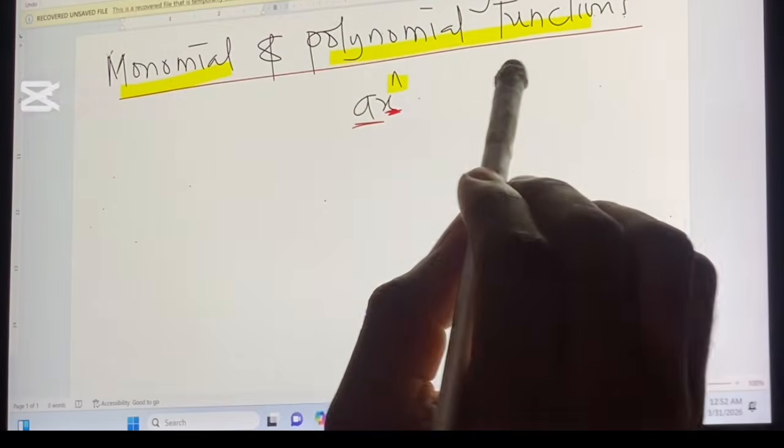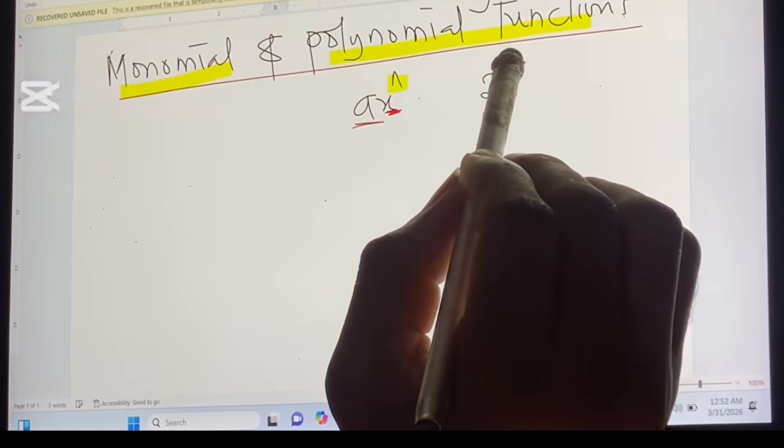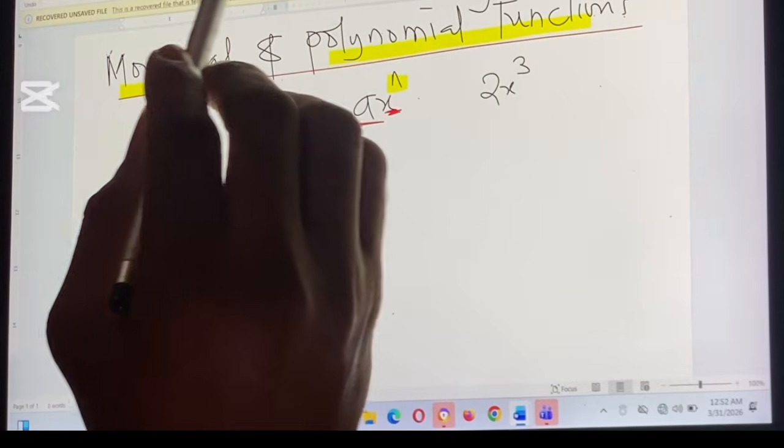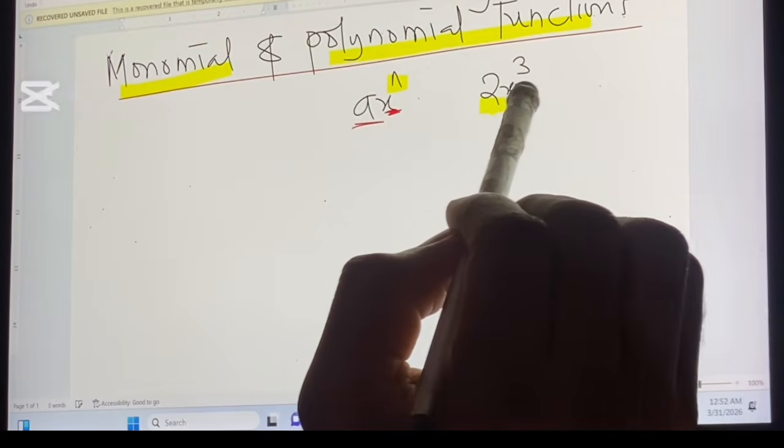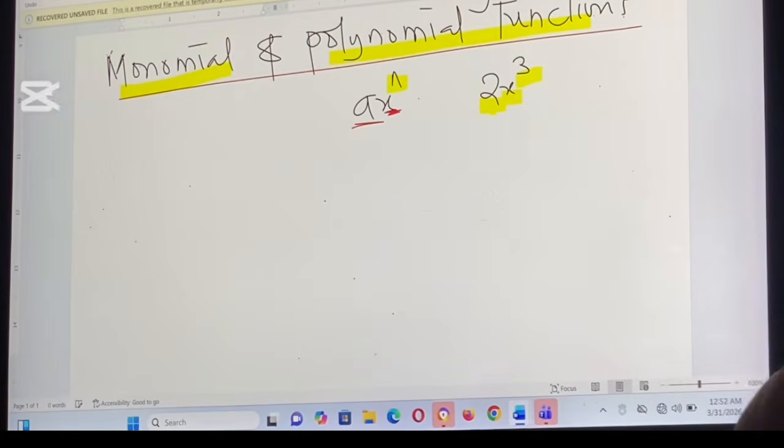So if I have something like 2s raised to power of 3, this consists of one digit, a letter, and a power. We call this a monomial function.